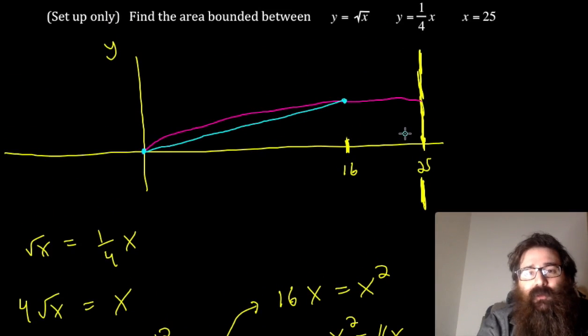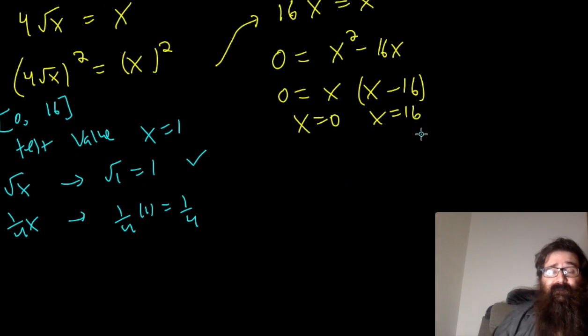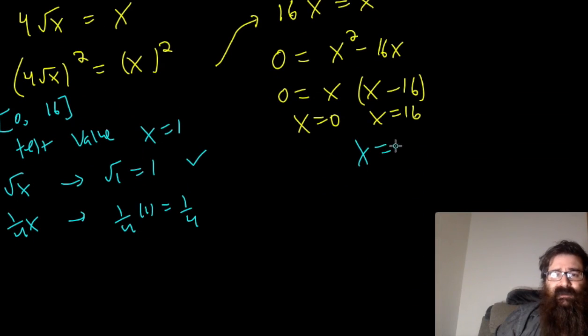If I wanted to know that for certain, just pick another test value. In fact, I could use a test value of 25. I know they're going to intersect at x equals 16, but if I want to know if this behavior changes, or to corroborate it, I could use x equals 25 to give me an idea. Sure, for x equals 25, square root of 25 gives us 5.